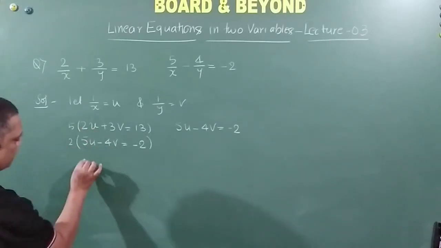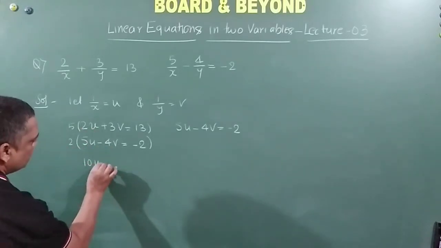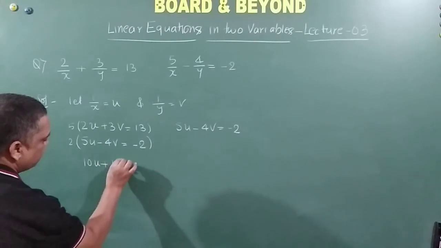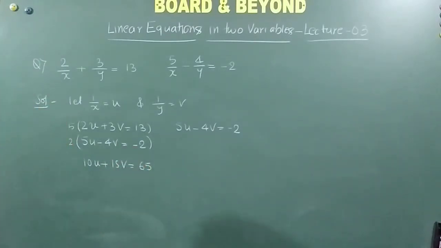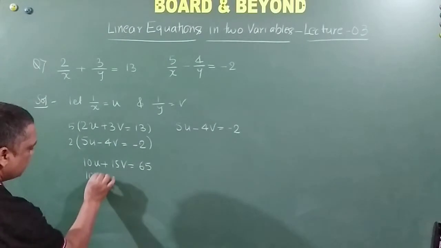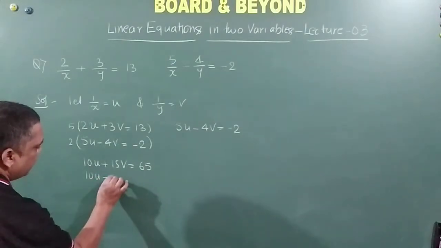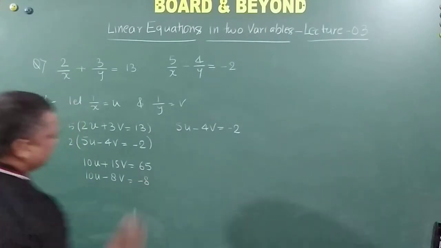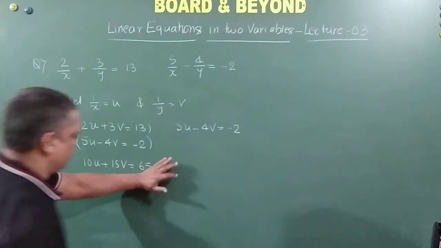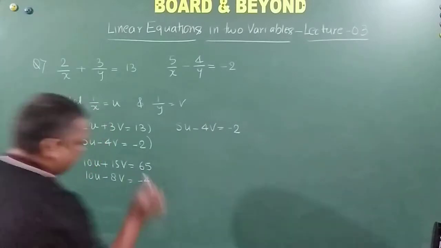So this will give me 10u plus 15v is equal to 65, and this is 10u minus 8v is equal to minus 8, right? Sorry, minus 4. I'm so sorry, minus 4.